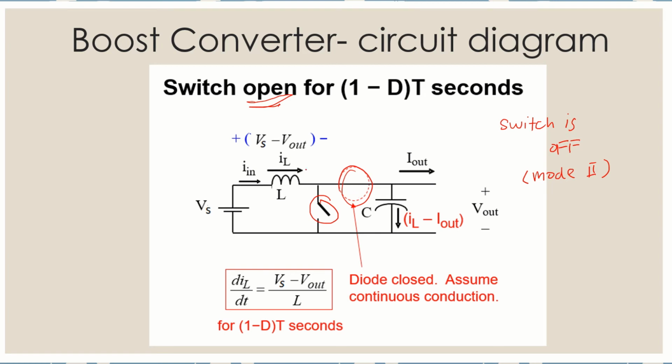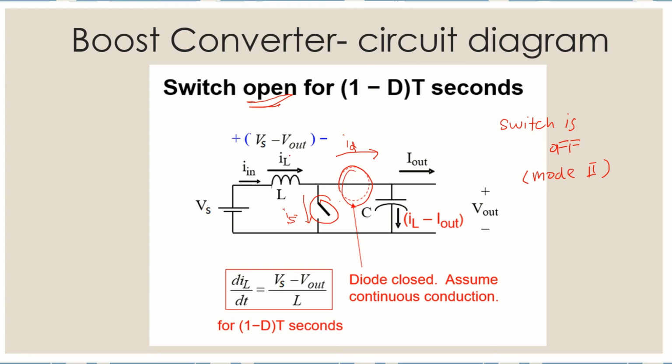So you will see here, if I label the current across the diode as ID, and the current across the switch as IS, that is the switch current.